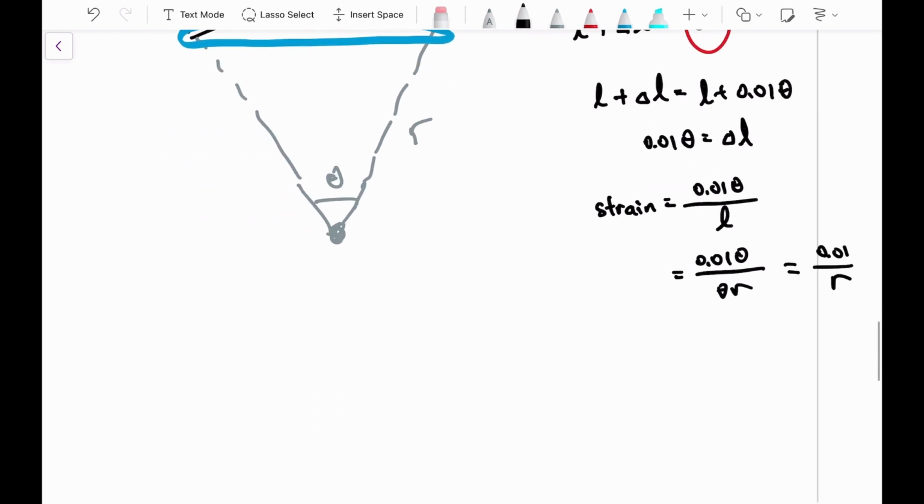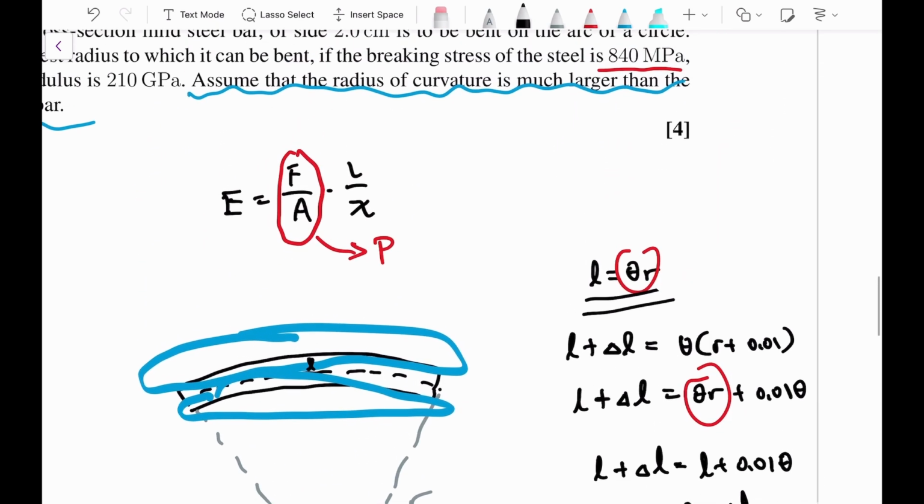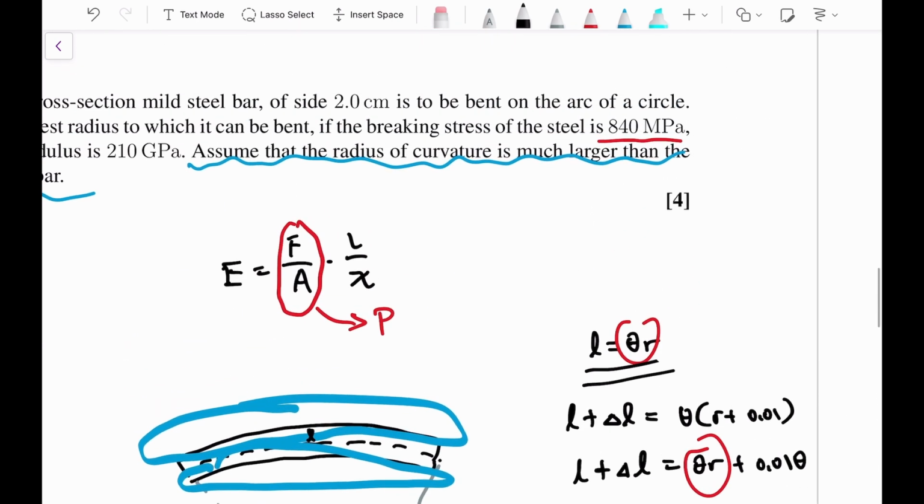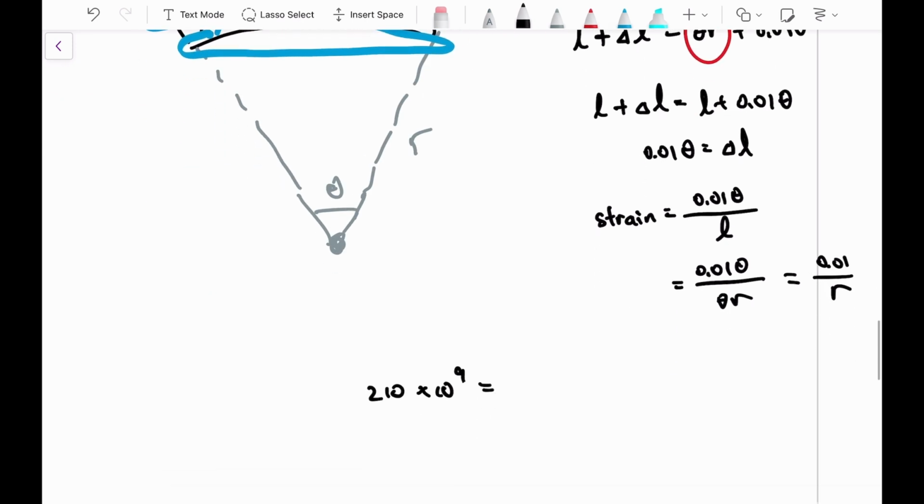Now we link this back to Young's modulus. The Young's modulus is 210 gigapascals, so that's 210 times 10 to the power of 9, equal to the pressure, which is 840 megapascals, so 840 times 10 to the power of 6, times the reciprocal of the strain, which is r over 0.01.